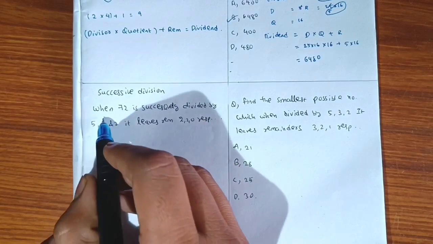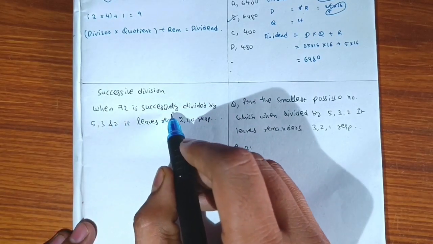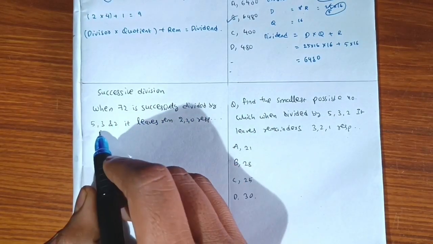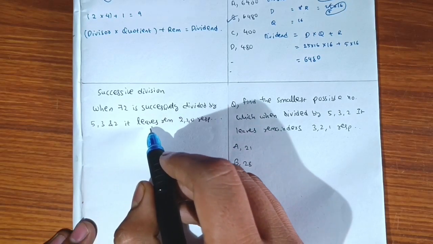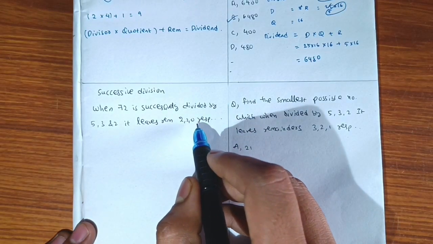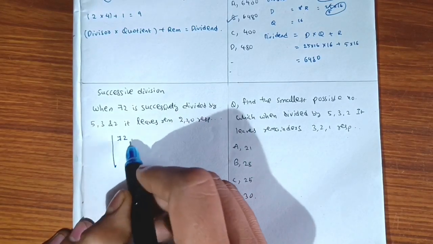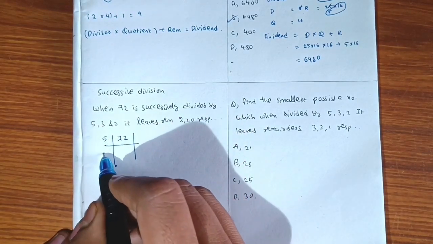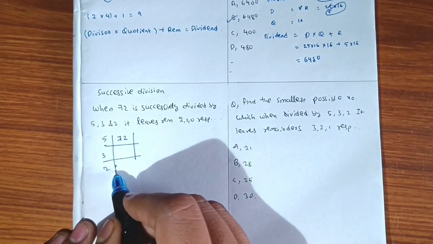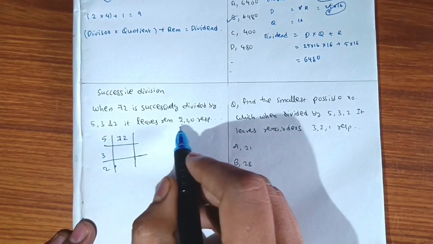The question is: when 72 is successively divided by 5, 3, 2, it leaves remainders 2, 2, 0 respectively.